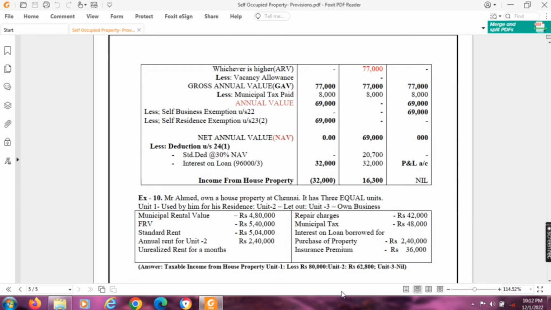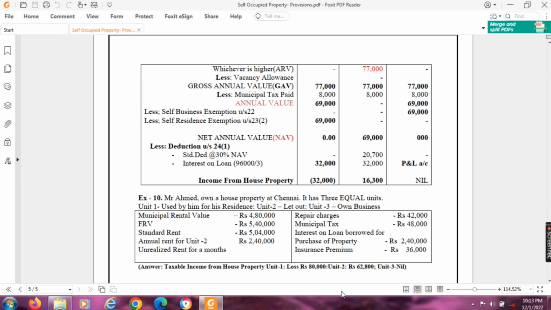Last one, interest on loan. Actually for the whole property, 96,000 was paid. So 96,000 by 3, 32,000 each. For the self-residence, we can show 32,000 as an allowable item. And for the let-out portion, unit 2, also 32,000.